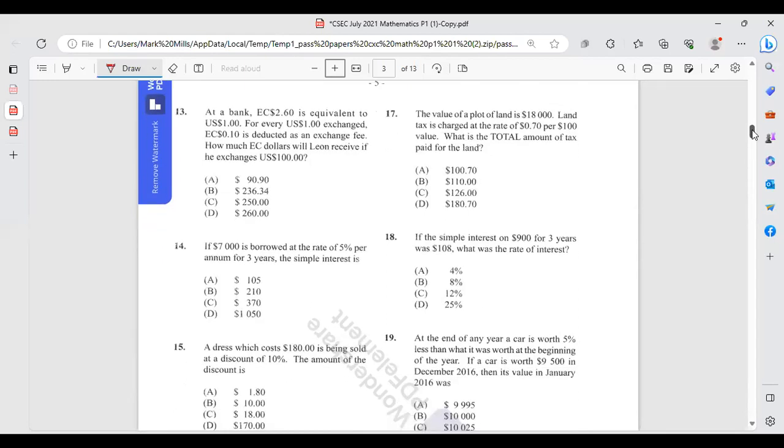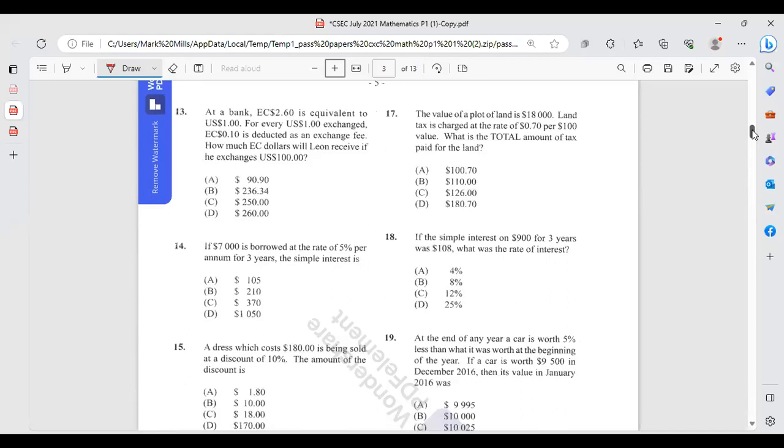Number 13. At a bank, EC $2.60 is equivalent to US $1. For every $1 exchanged, you pay 10 cents deducted as an exchange fee.